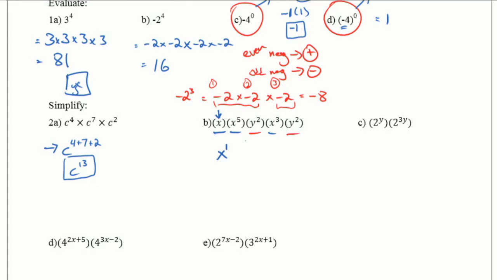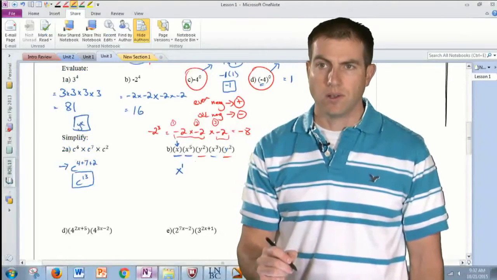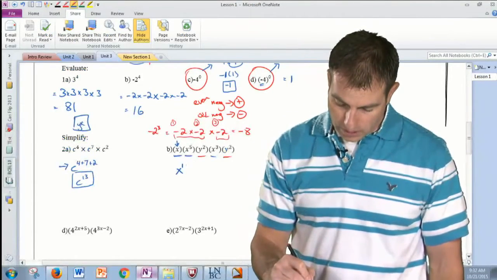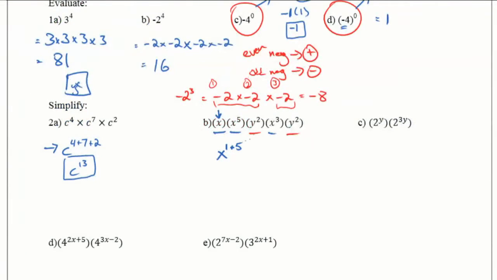So I'm going to write in a 1 from that. And then we have a 5, and then we have a 3. So I'm adding all of the x's exponents together. And then I have y's. I have a 2, and then I have another 2.